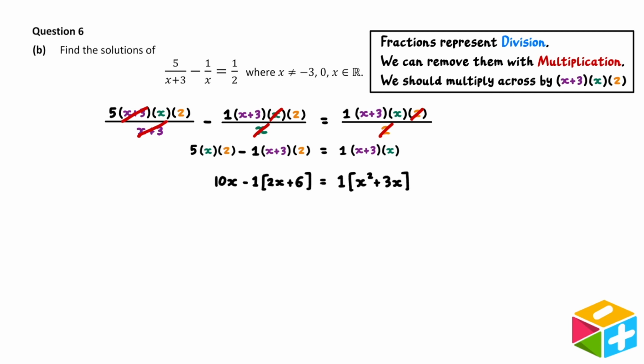Now, let's perform some of our multiplications. 5 times x times 2 gives us 10x. X times 2 is 2x, and 3 by 2 is 6. X by x is x squared, and 3 by x is 3x.